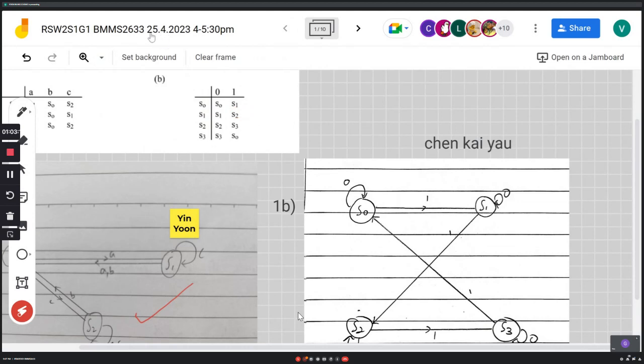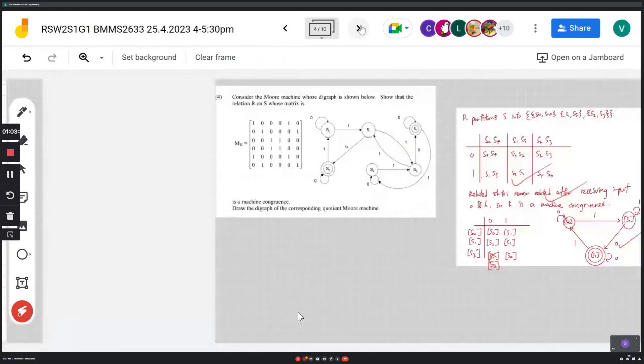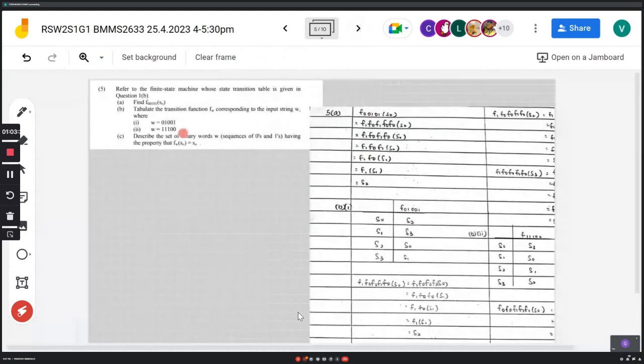So the input string 0, 0, 1, 0, 1 gives S2, right? For question 5 part A, you can straight away read from here.